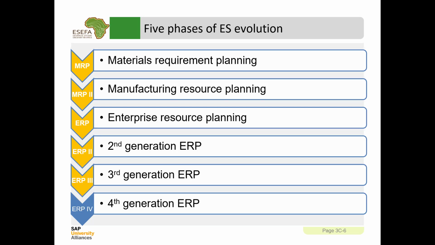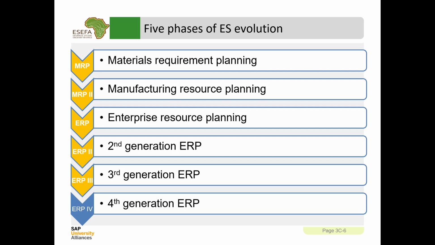So the whole essence of running the factory was about materials. You get materials and materials until there was a shift from MRP to MRP2, which talks about manufacturing resource planning.